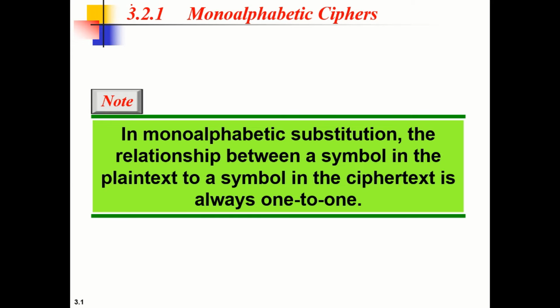The second was transposition. In transposition, what do we do? We only change the position of the letters. We do not change the value of the letters, we only change the position.